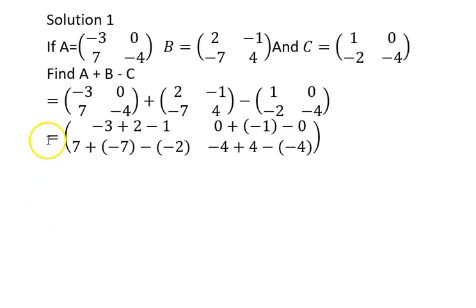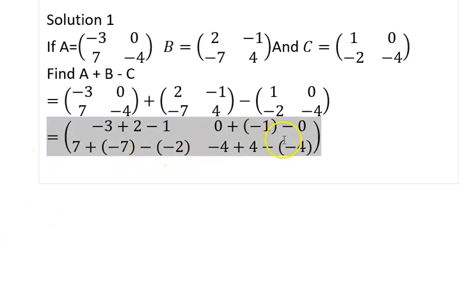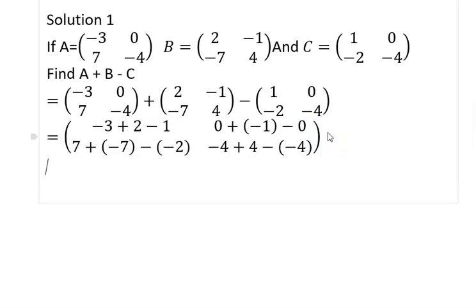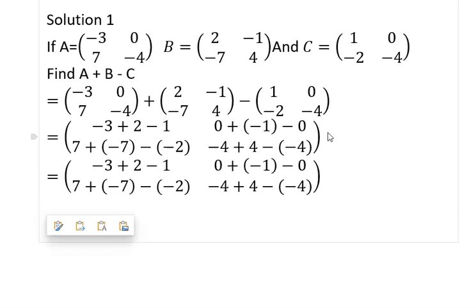So those that have brackets, we can now deal with them. Let's see, 0 plus minus 1 here, because plus times minus would definitely give us minus.